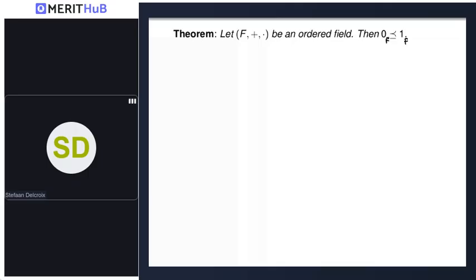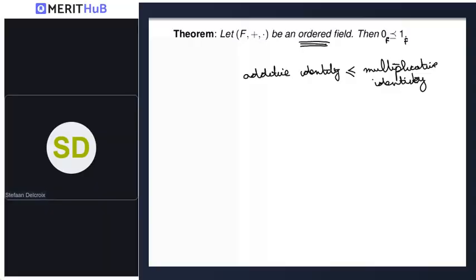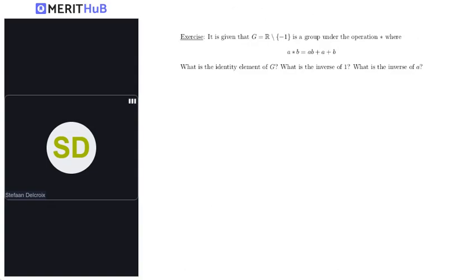So the additive identity is somehow in an ordered field less than or equal to the multiplicative identity. Don't say that the 0 matrix is less than or equal to the identity matrix only if you are in an ordered field. So if you have meaningful inequalities in your field, 0's got to be less than or equal to 1. Let's see if we can prove this.